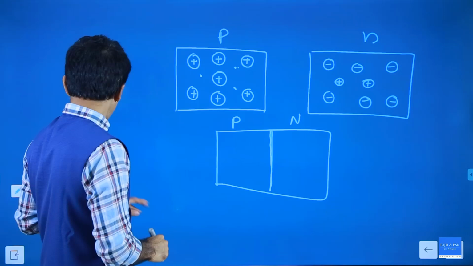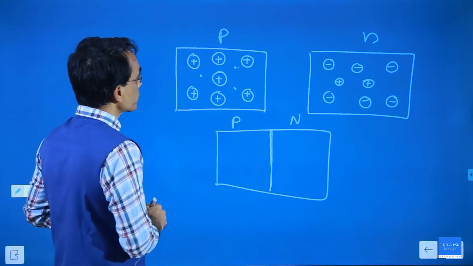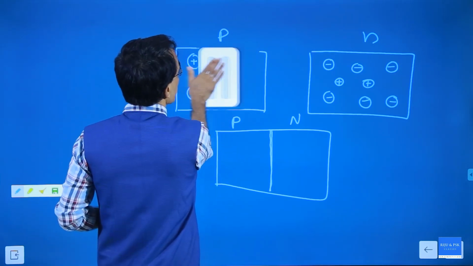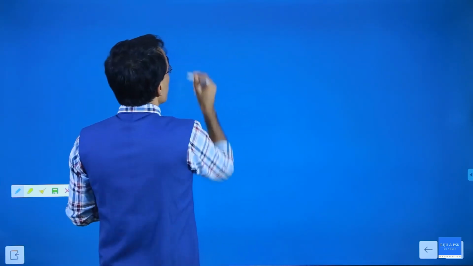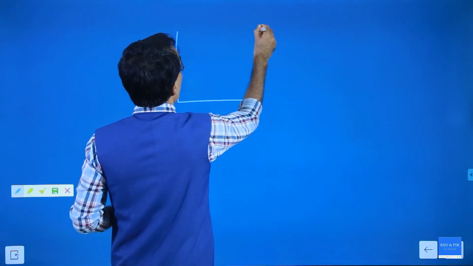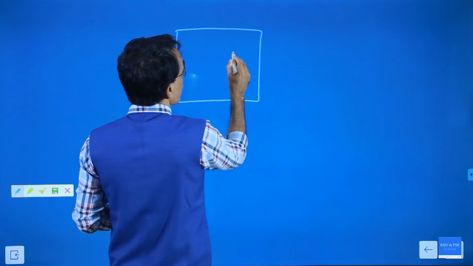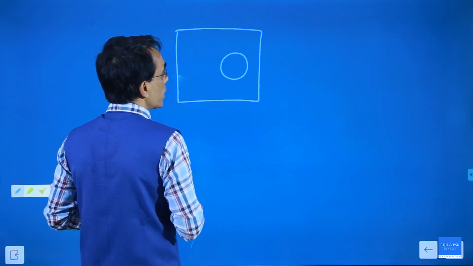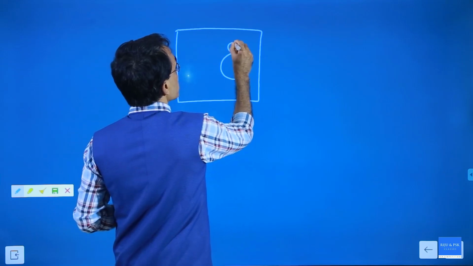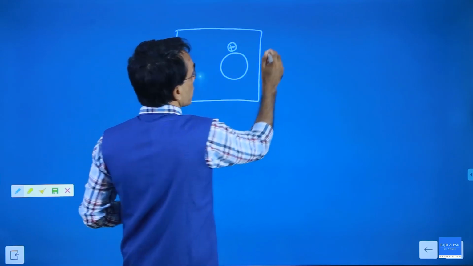You also should remember one more point, that if you have a p-type material, it has got a hole and a core.